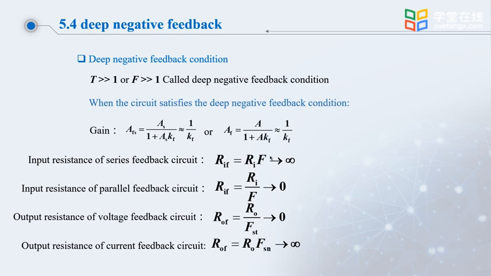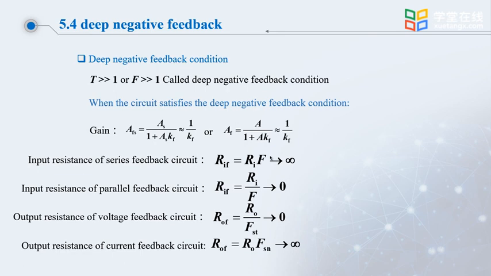If the output is voltage feedback, its output resistance equals the basic amplifier's output resistance divided by the feedback depth. The feedback depth tends to infinity, so under the deep negative feedback condition, the output resistance of the voltage feedback circuit approaches 0. If the output is current feedback, what is its output resistance?